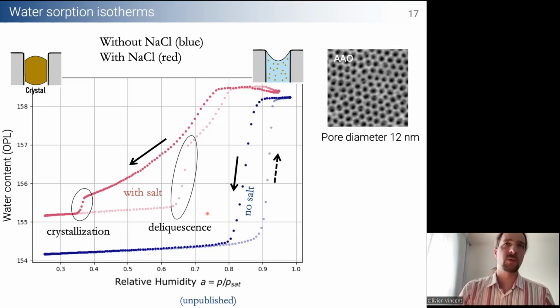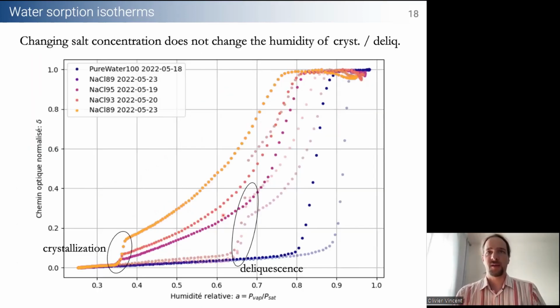And so the message here is that by introducing solutes, you change a lot the absorption properties of water in these nanoporous layers, and you also see the phase transitions of the solute that are shifted compared to the bulk, and we see clearly crystallization here and deliquescence here. And the interesting aspect is, I won't go into details in these curves here, but we did cycles with a lot of different concentrations of the solution.